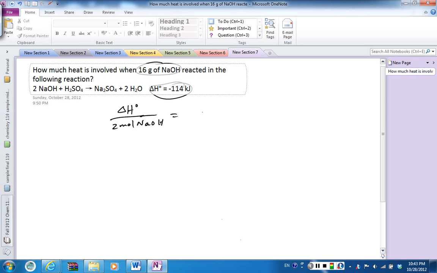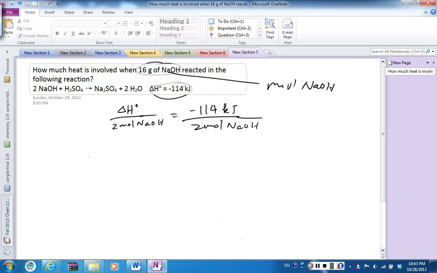So each 2 moles of sodium hydroxide reacted will produce us negative 114 kilojoules of heat. If we can turn this into moles of NaOH, then we should be alright.